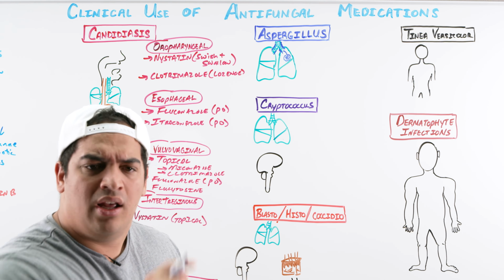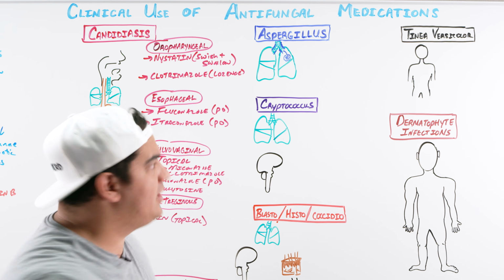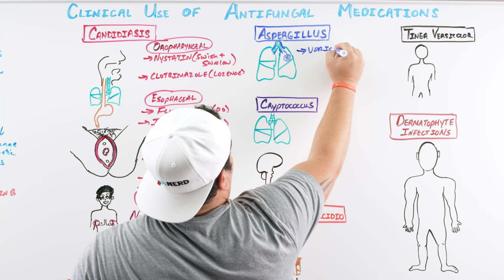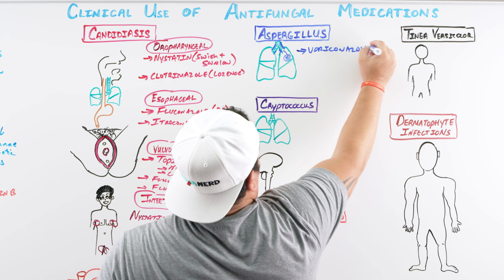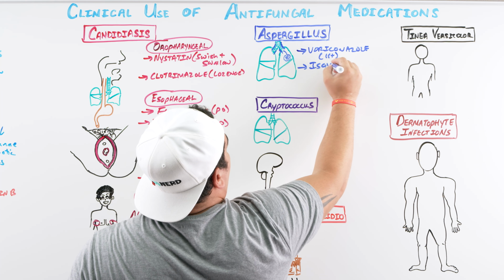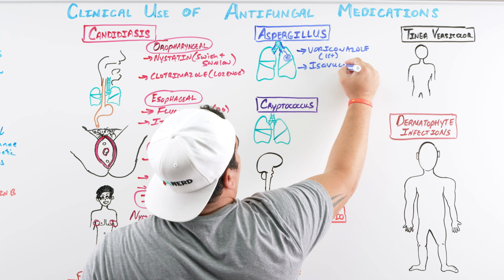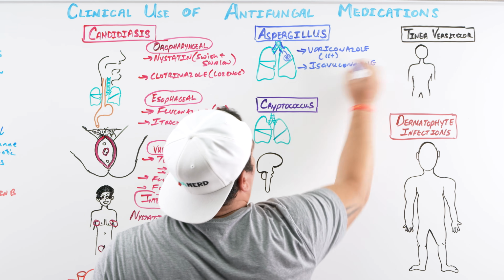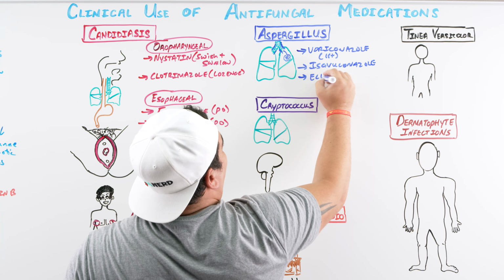So preferably, the first line agent in Aspergillus is going to be voriconazole. Voriconazole will always be the answer as the first line agent. Second one would be isavuconazole. You could consider that one if they can't take the voriconazole for some particular reason. Another agent is echinocandins.